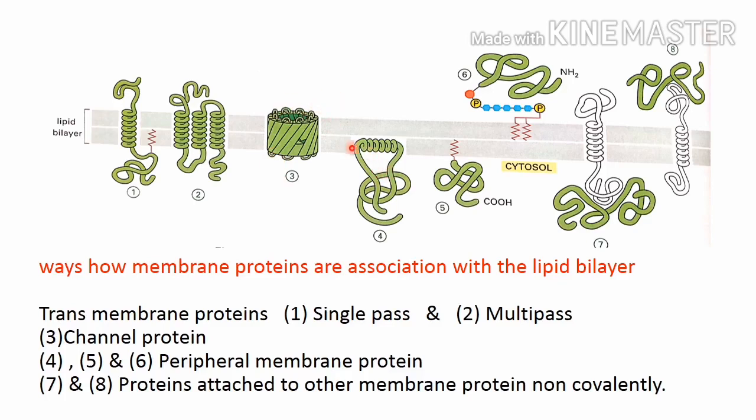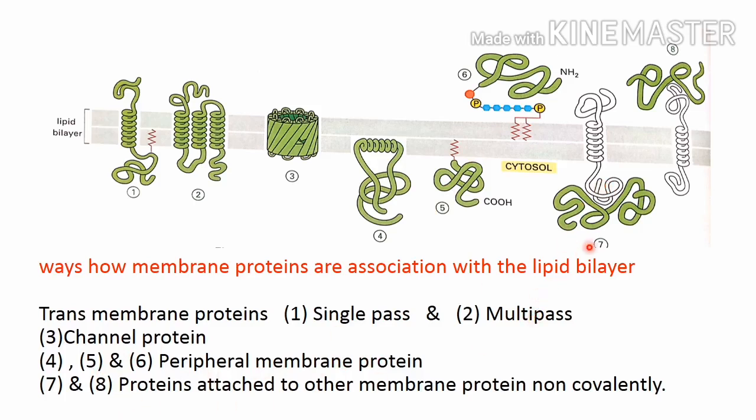Here we can see that this is also a type of protein: 4, this is 5, and this is 6. As we can see, these three types of proteins are arranged only towards one unit membrane of this phospholipid bilayer, either towards the cytosolic unit membrane or towards the extracellular unit membrane. So these membrane proteins are called peripheral membrane proteins.